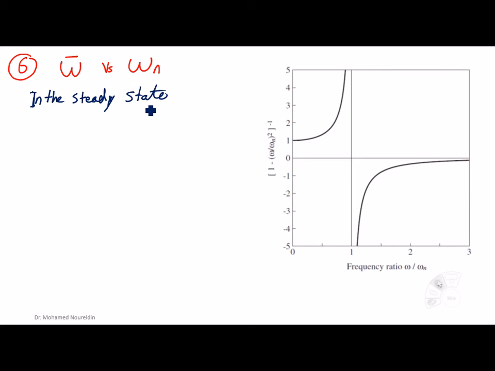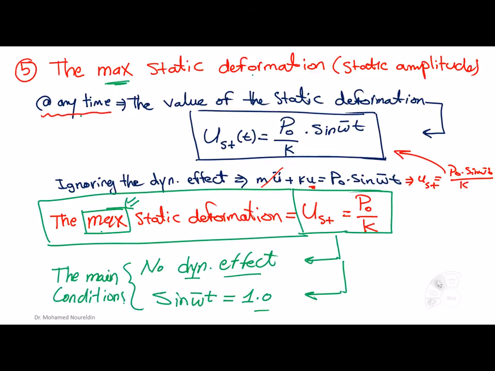Do you remember the steady state? We said that in the steady state, our equation is going to be U of t, meaning the displacement at any time, equal to U static. Do you remember U static? Go back here: U static is P node over K, right?